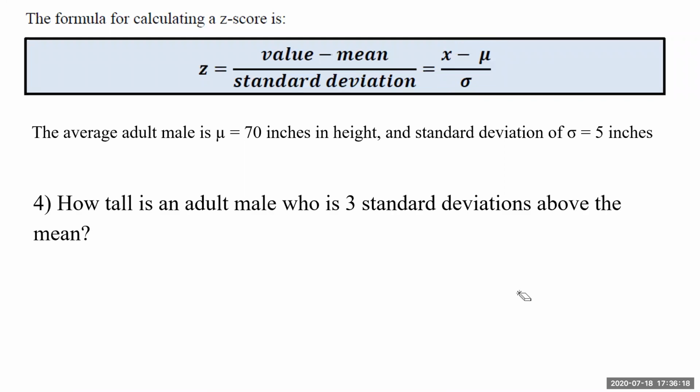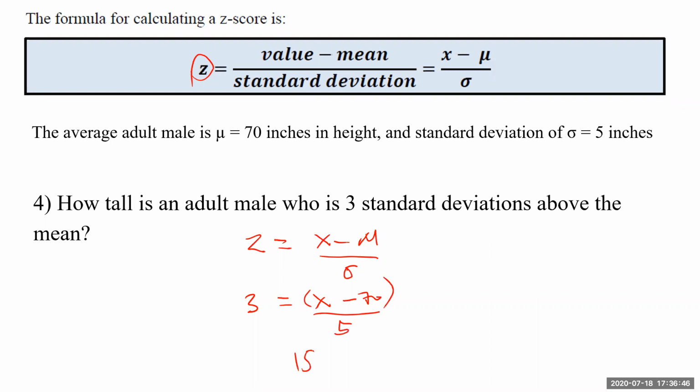Now, how tall is an adult male who is 3 standard deviations above the mean? So this time we've been given the z-score, and we want to find the height. So our z has been given, and we want to find what? X. So this is 3 times 5, which gives us 15.